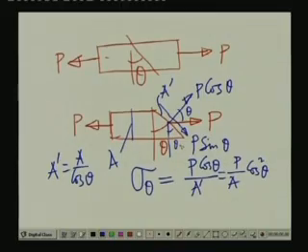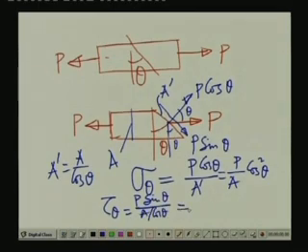And the stress which is acting along the plane, which is P sin theta, the stress tau theta, is equal to P sin theta divided by A by cos theta.